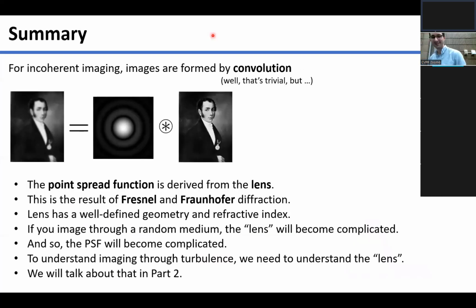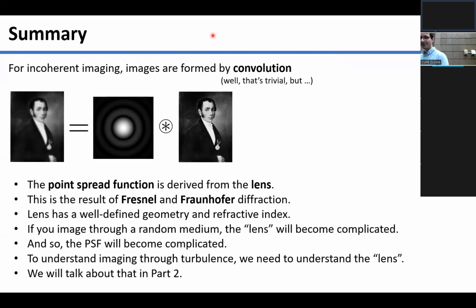All right, to summarize, the point spread function comes from the shape of the aperture and has to do with how the wave lands on the aperture. So far we've assumed it lands flat. In the next part, it will no longer land flat, and that will be the source of our problems for turbulence. This is a result of Fresnel and Fraunhofer diffraction.